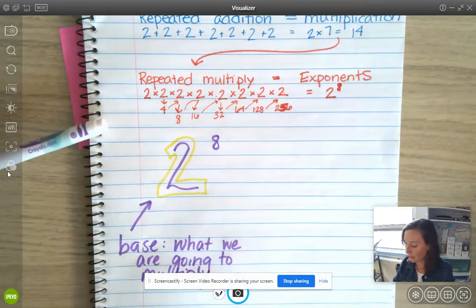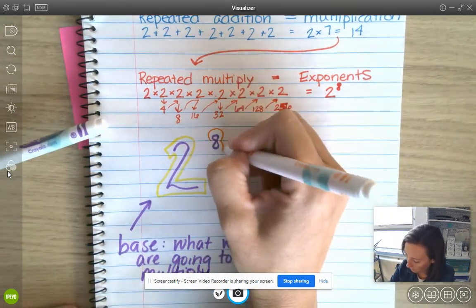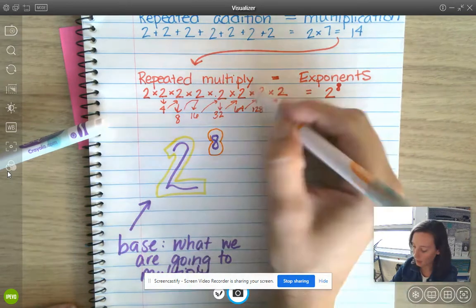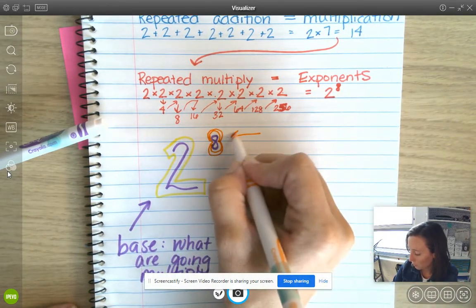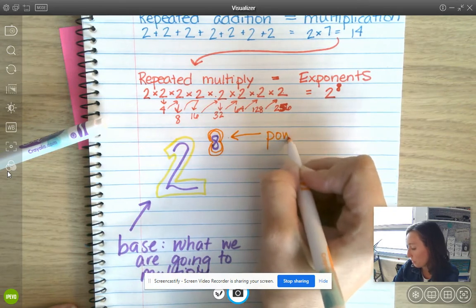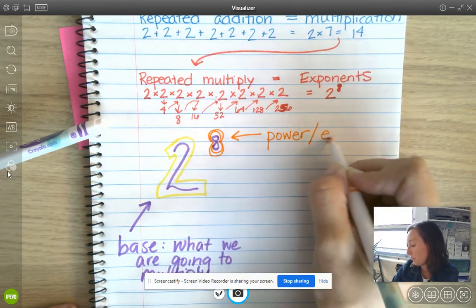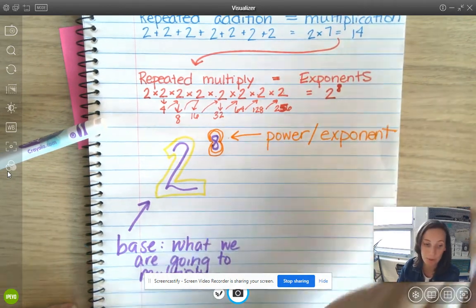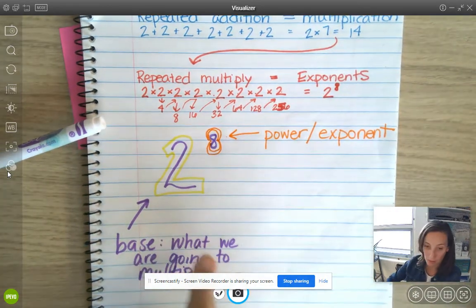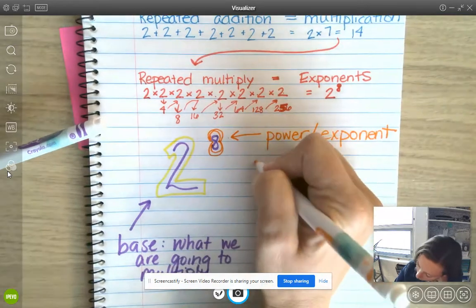This number up here then is the power, also known as the exponent. And this is how many times we are multiplying the base by itself.